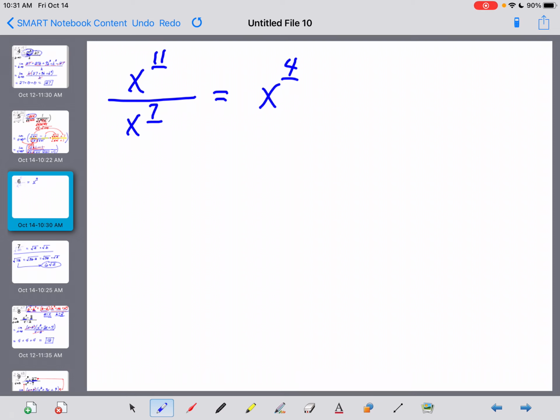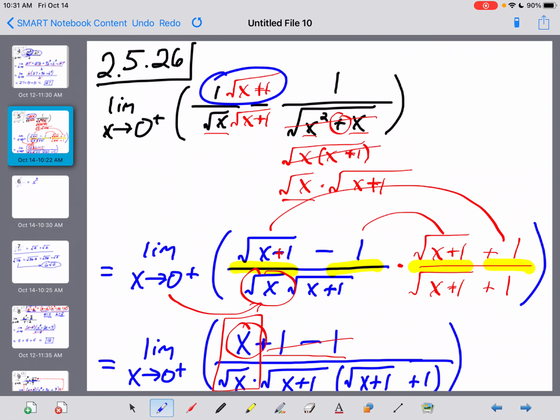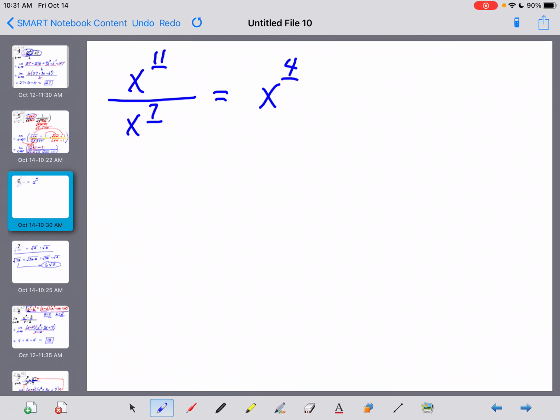Now that probably doesn't look relevant to what I just put a box around right here, but here's why it is. If you take a look at our numerator, guys, that's x. And the part of the denominator I care about is the square root of x. So let's talk about x over the square root of x. Does that simplify? Yes, for the same reason that this one did.